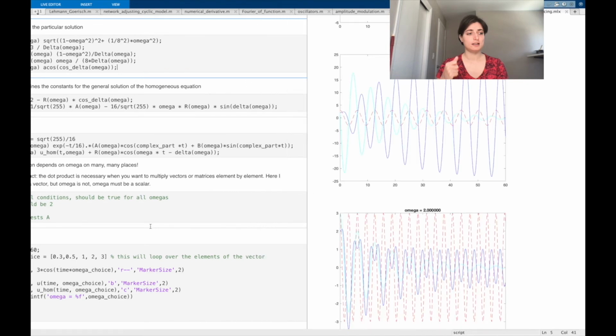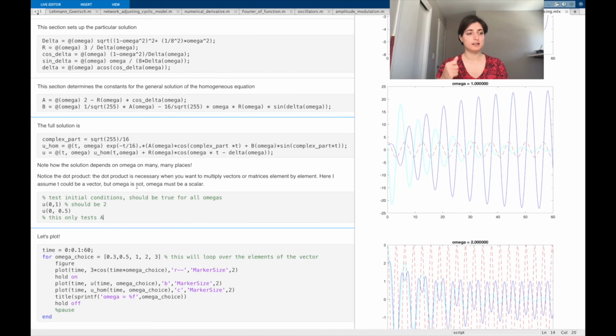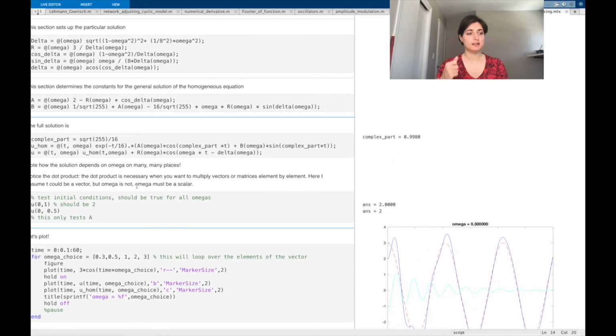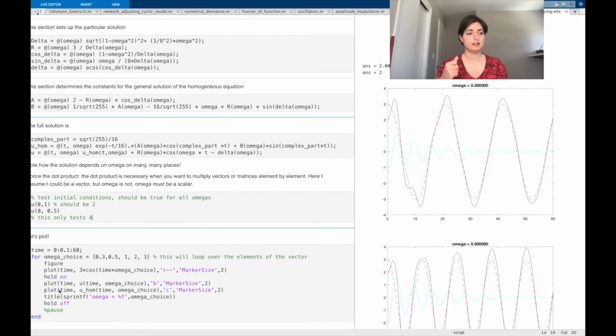Okay, this is not working as smoothly as I expected it to. Here we have what is being plotted. And for every choice of omega, 0.3, 0.5, 1, 2, and 3, we have a new plot.